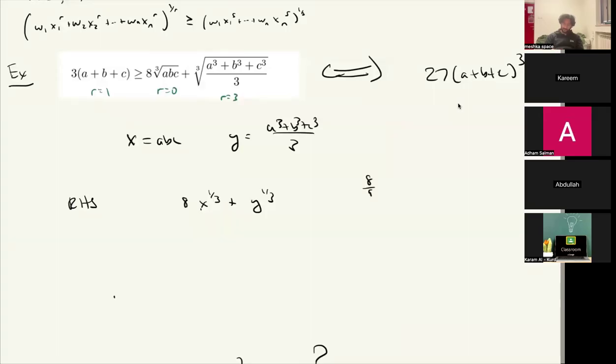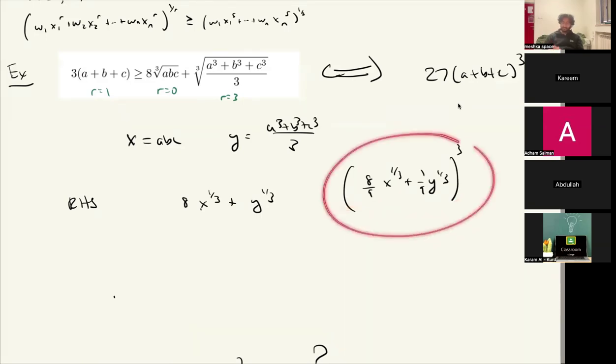This is like if I wrote (8/9 x to the 1/3 plus 1/9 y to the 1/3) to the power of 3. So this expression is a power mean of x and y. I mean, there's some constant 1/9 and this exponent, but that doesn't really matter. Do you see what I'm saying?